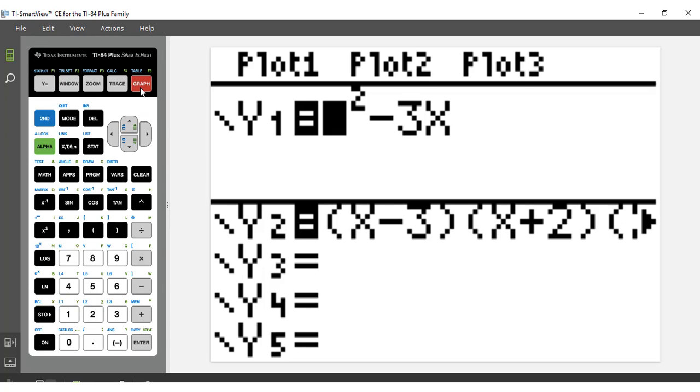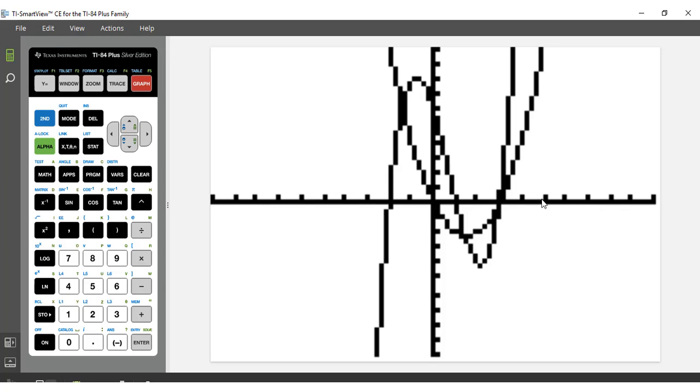Then go to graph. We need to figure out the intersections. Just the very left intersection and the very right intersection.